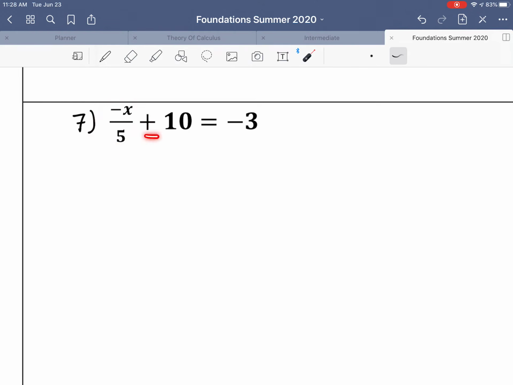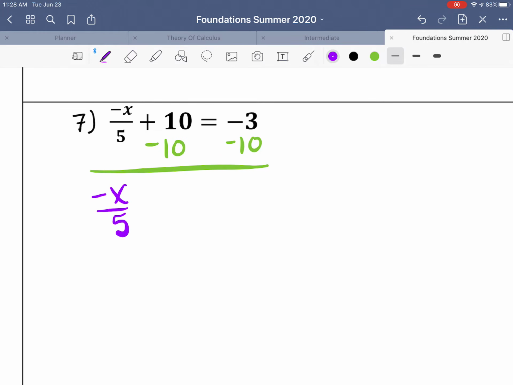These are fun. We're trying to isolate this, which means we have to move positive 10 over the boundary. And then simplify. This makes 0. And then at this point, if you wanted to, you could rewrite the negative x over 5 using a fraction.